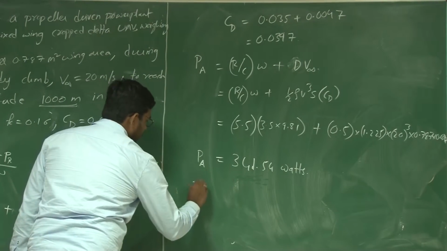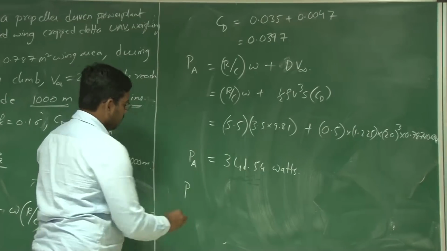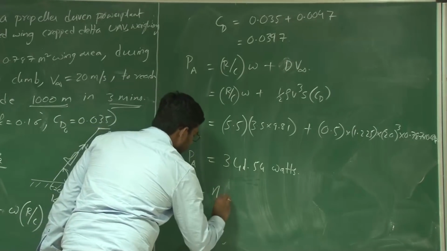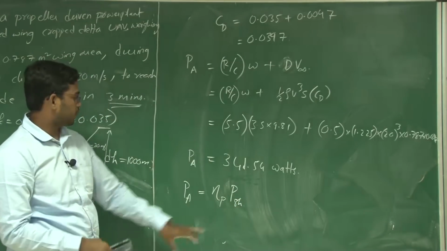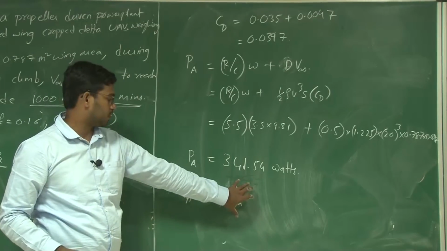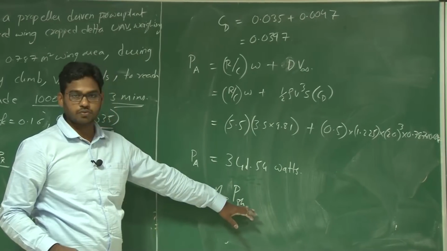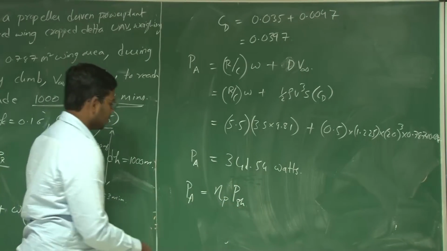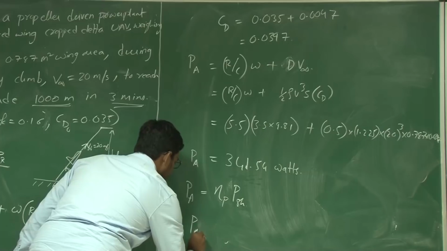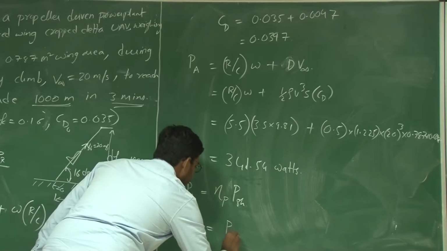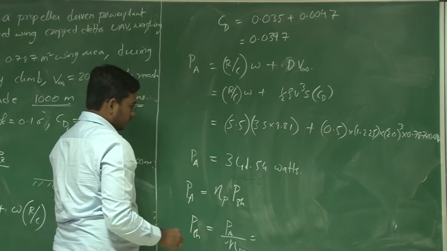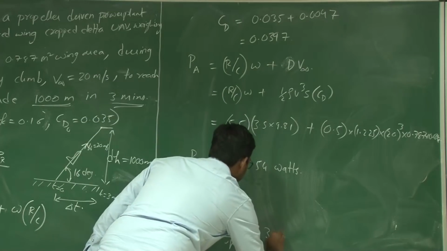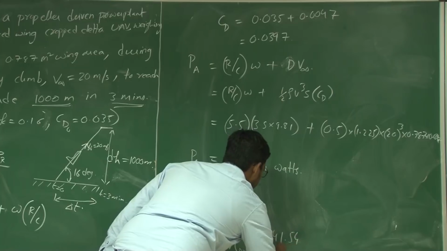Now, we know power available is propeller efficiency into shaft power, right? Each engine is specified in terms of shaft power, or the specifications of the engine are presented in terms of shaft power available. So this shaft power is equal to power available divided by efficiency of the propeller, which is 341.54.